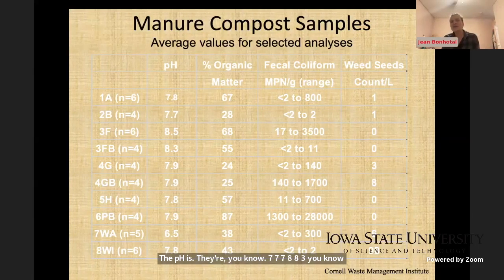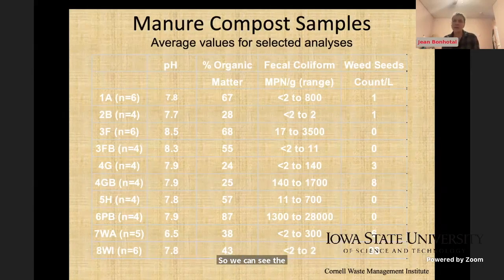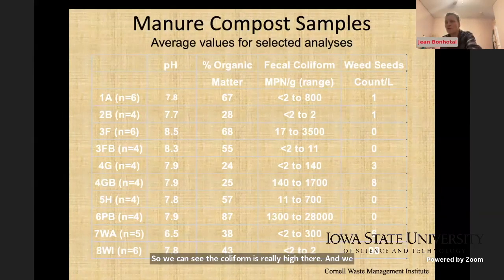Fecal coliform. And these are places that didn't finish the compost process. So we can see fecal coliform is really high there. And we really don't want that. With the finished compost and in these manures, we look over there for weed seed count, which is always important to gardeners.